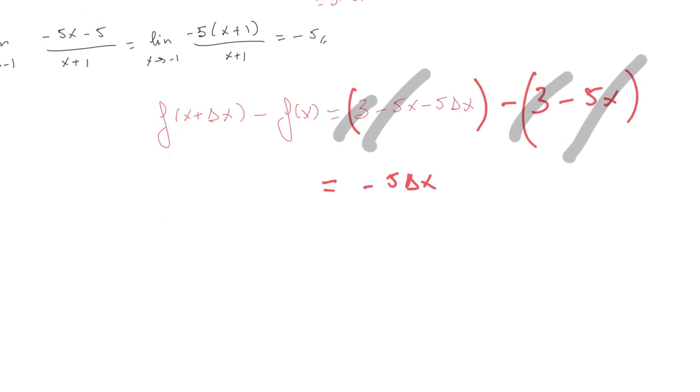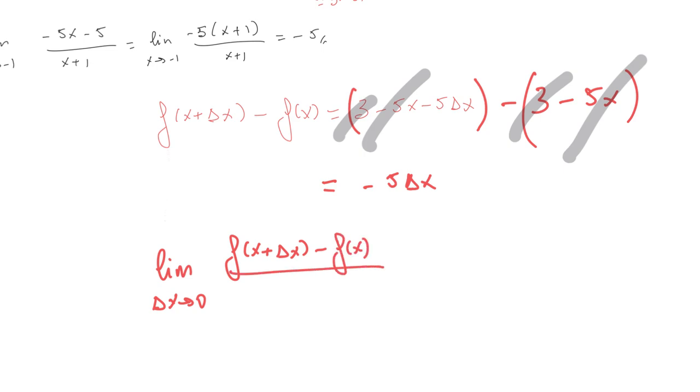So we need to find the limit when delta x approaches 0 of f of x plus delta x minus f of x divided by delta x. So this is the limit when delta x approaches 0. What is f of x plus delta x minus f of x?